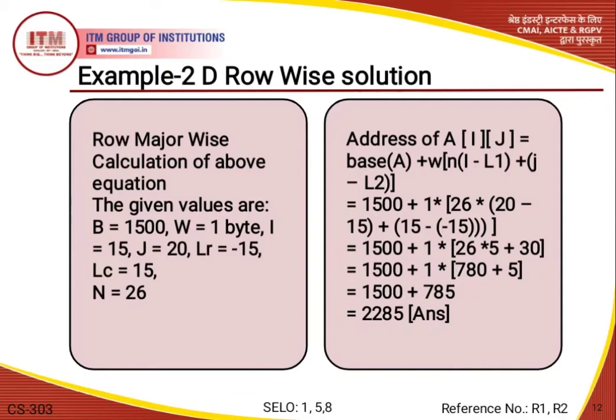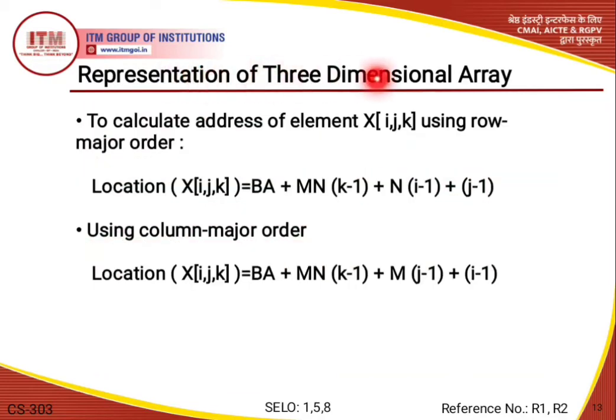Now moving ahead, representation of three-dimensional array. So first of all, what is a three-dimensional array? Basically, a three-dimensional array is an array whose elements are two-dimensional arrays, and it may be considered to be an array of matrices.